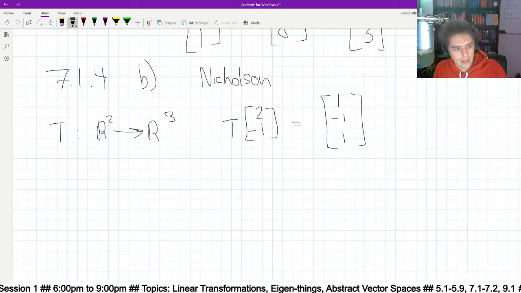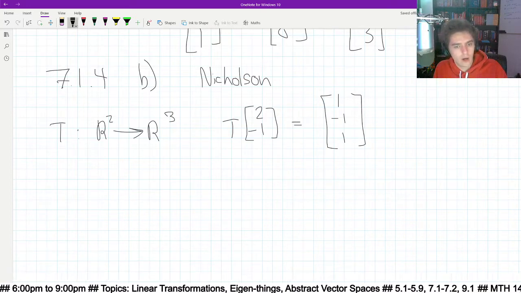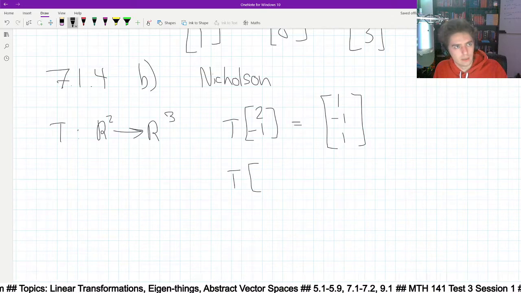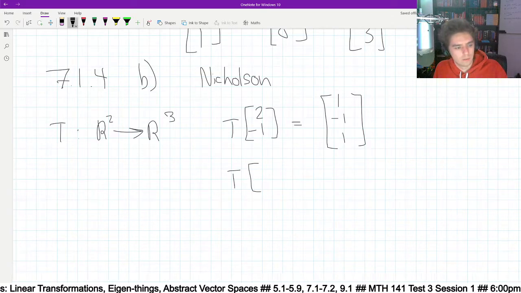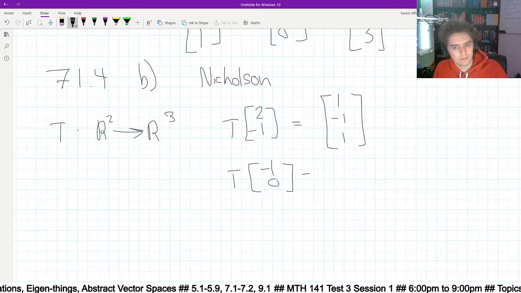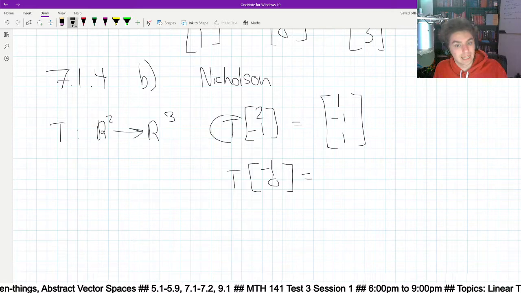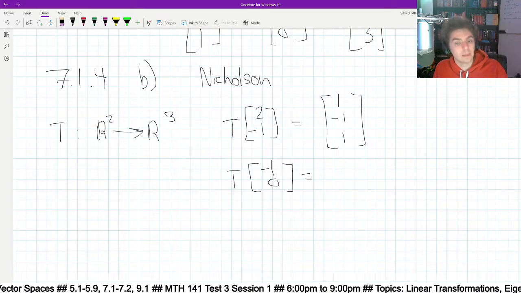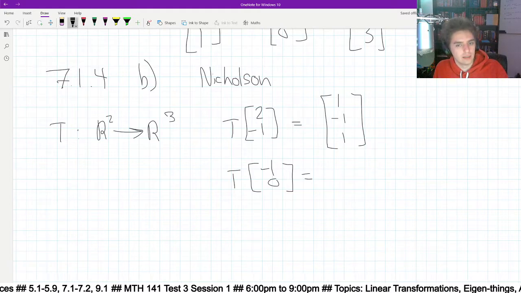Oh, I see how it will work always. I think T itself has to be in the same R dimension as the one you're trying to find. Well, T isn't really in a dimension. Oh, you mean the matrix representation of T?